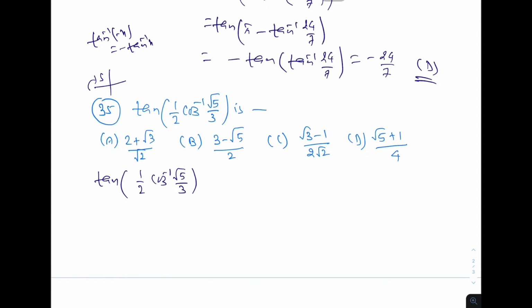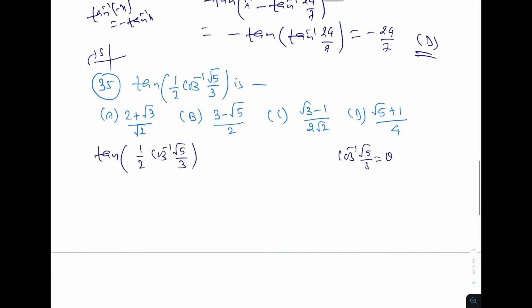So if I assume the cos inverse root 5 by 3 is theta in 0 to pi, then cosine theta equal to root 5 by 3.